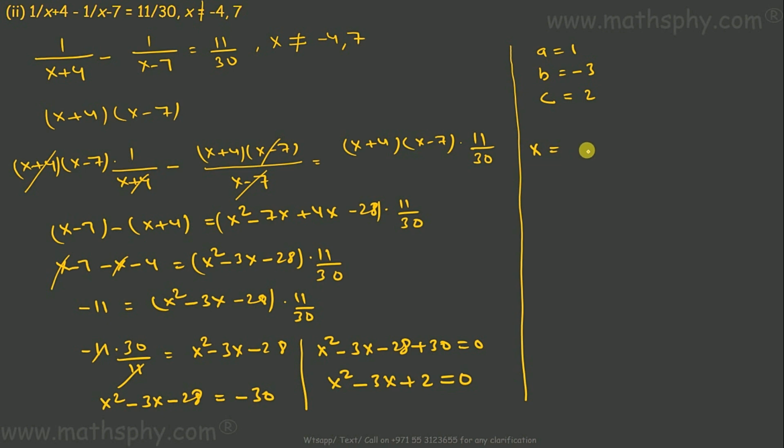So x would be negative b plus minus root b squared minus 4ac over 2a.